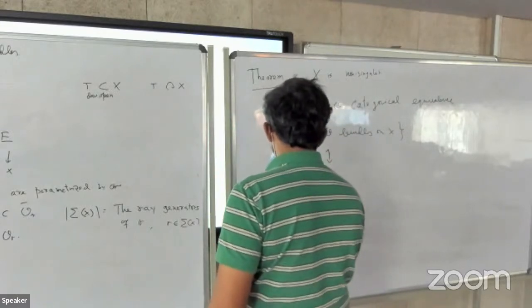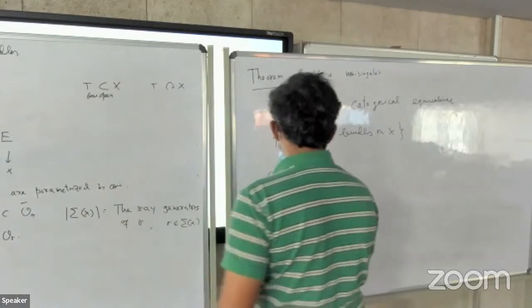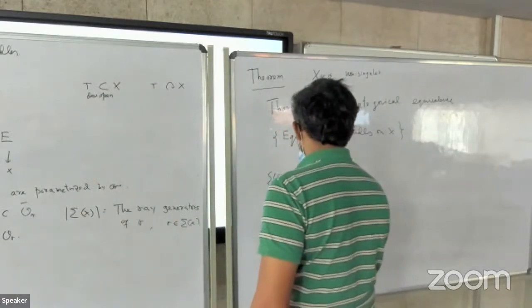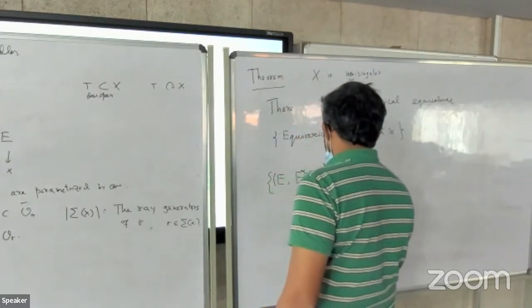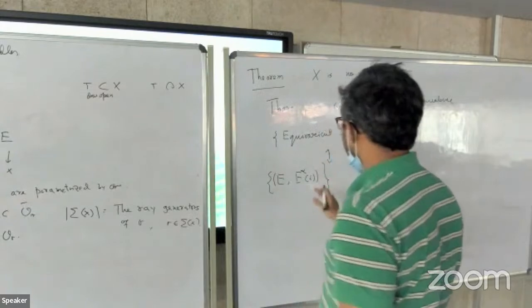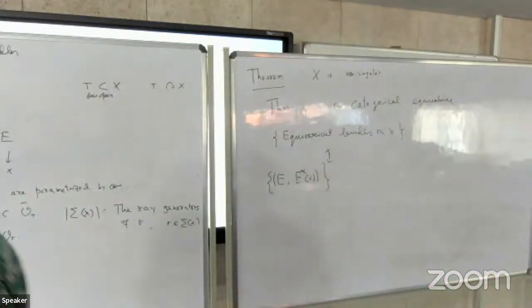So what is it? They are E indexed by these rays. Sometimes I may write rho or alpha. Alpha and rho are all the same.